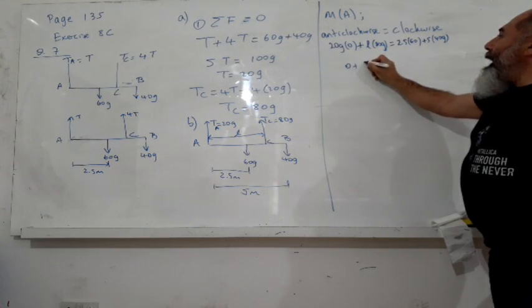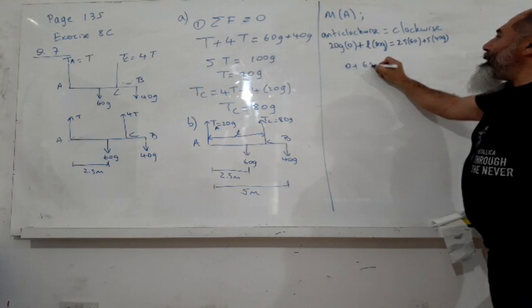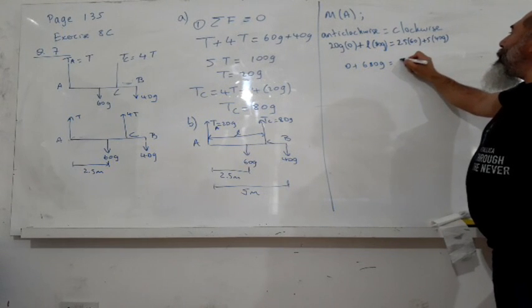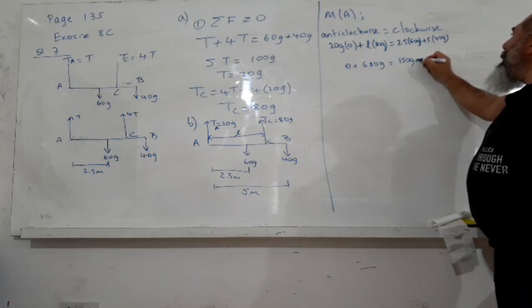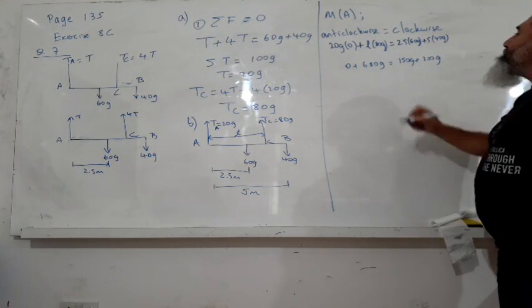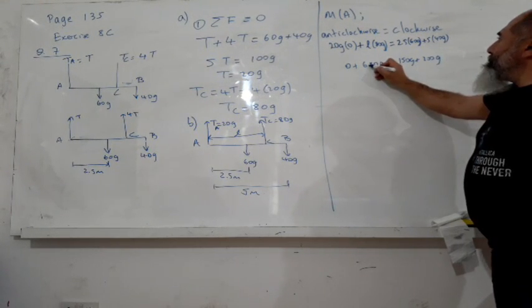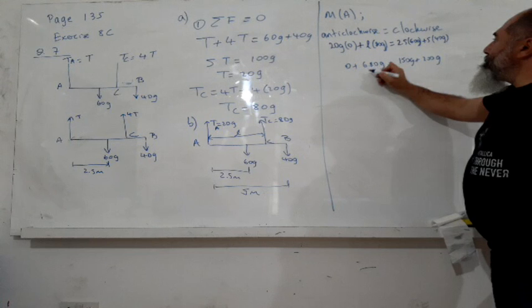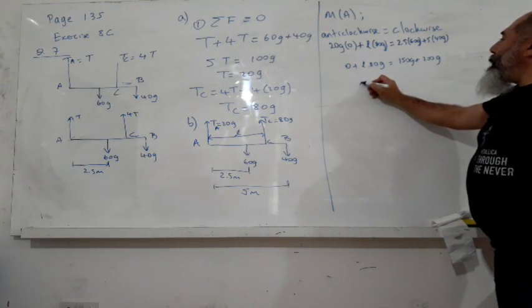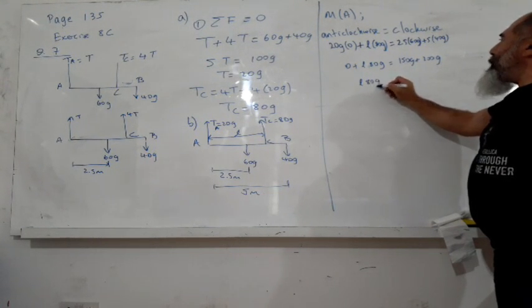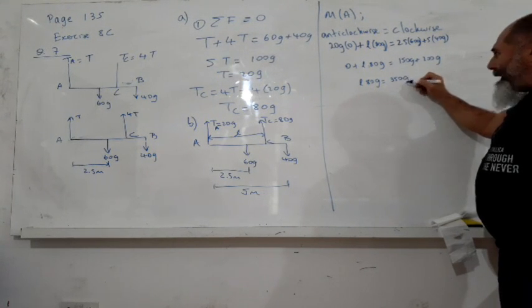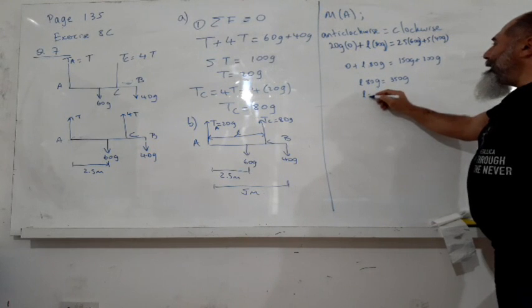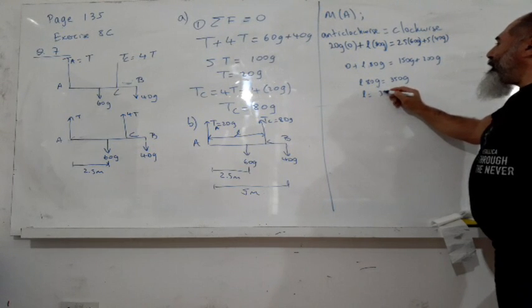L times 80 G is equal to 150 G plus 200 G. So L times 80 G is equal to 360 G. L is equal to 360 G divided by 80.